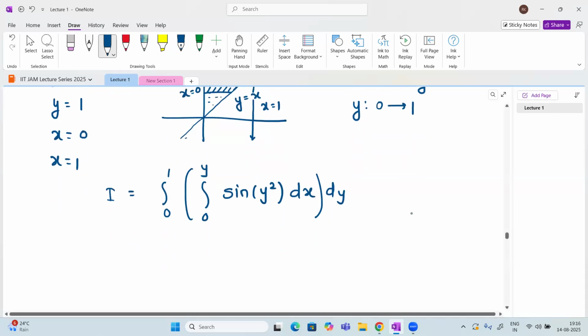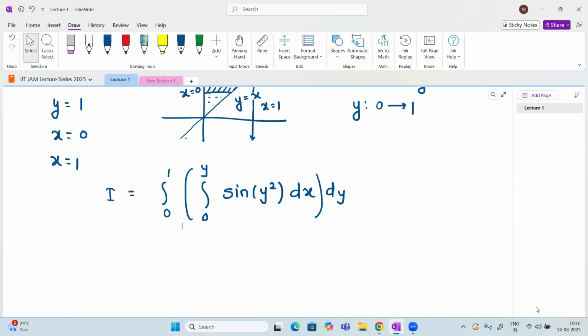Okay. How to solve it further? Substitution method, sir. So first integrate with respect to x and then the variable will come y square, then substitute. Okay, that means sine y square is a constant you want to say, right?